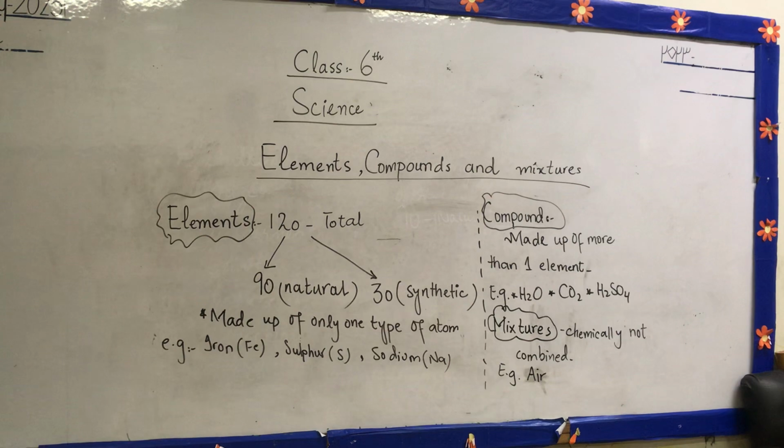A very interesting fact about carbon dioxide is that you are pushing out carbon dioxide into the environment, whereas plants on the other hand inhale carbon dioxide for the process of photosynthesis. I hope you all know about photosynthesis.